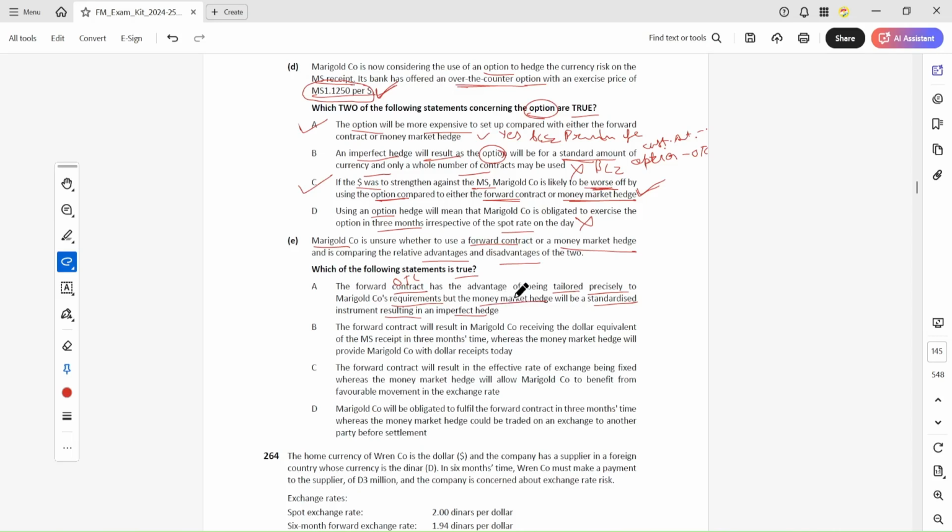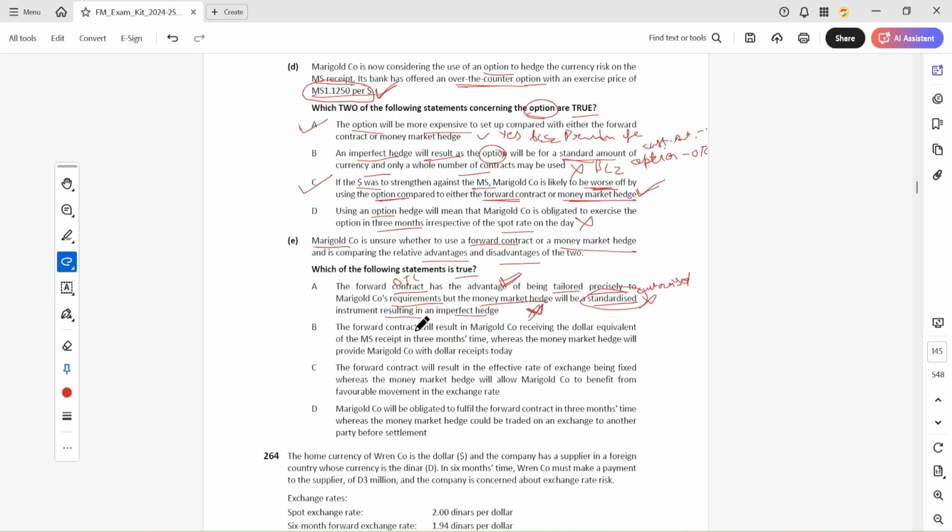The forward contract has the advantage of being tailored according to Marigold requirement, but money market hedge is standardized. This is correct, but money market hedge is not standardized. It is customized, right? So this is incorrect. First statement is correct, but second is not correct. Okay, so the whole answer is incorrect.